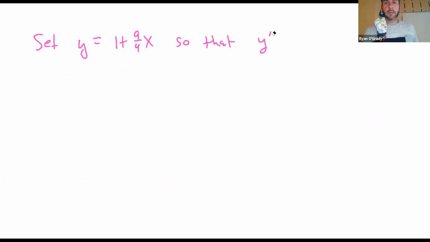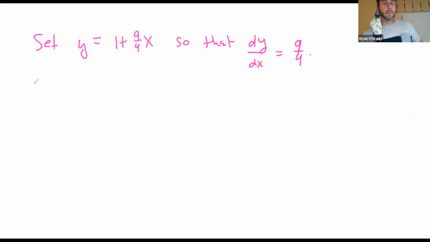So we're going to set y equal to 1 plus 9 fourths x. And that tells us that y prime, or let me write it as dy dx, to be more consistent, dy dx equals 9 fourths.